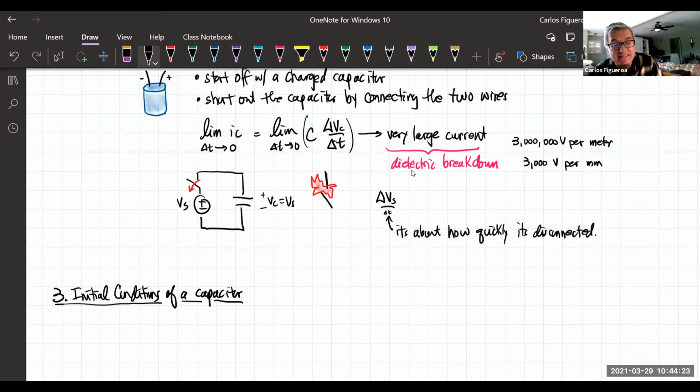With the inductors, it's the exact same thing. Here, you're interrupting the current very, very quickly, and then you get the big spark. But you will get current flow between two terminals just because you're changing the voltage very, very quickly.